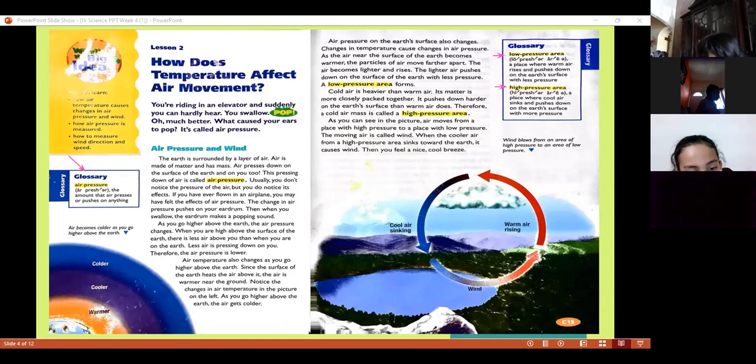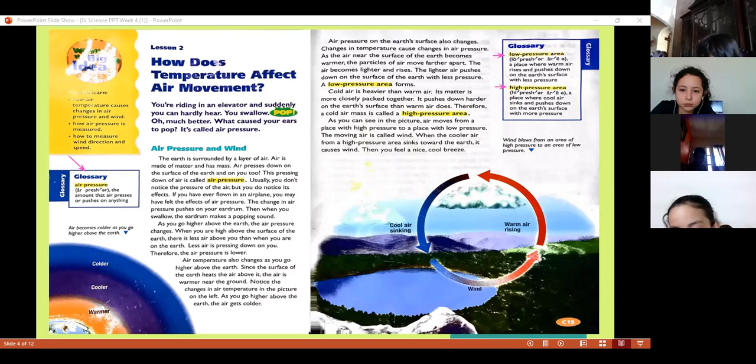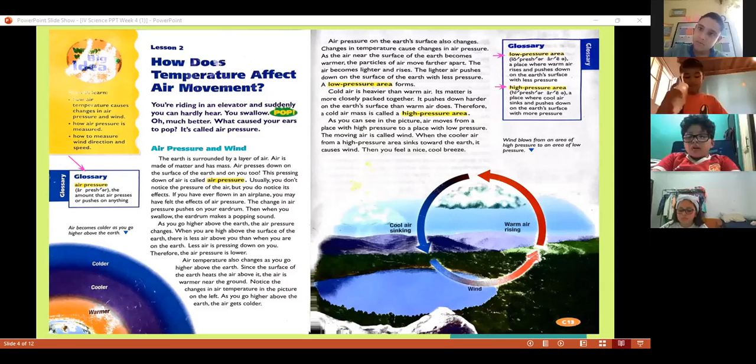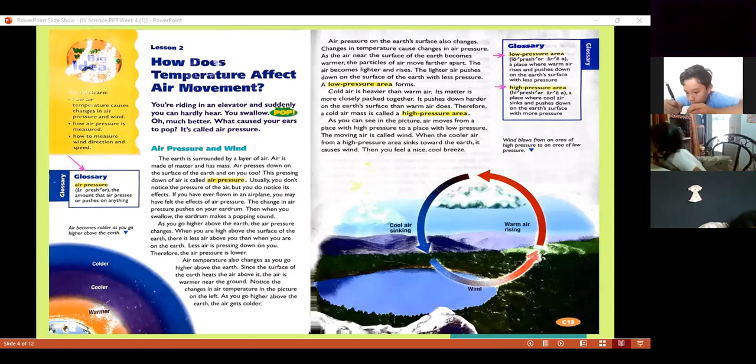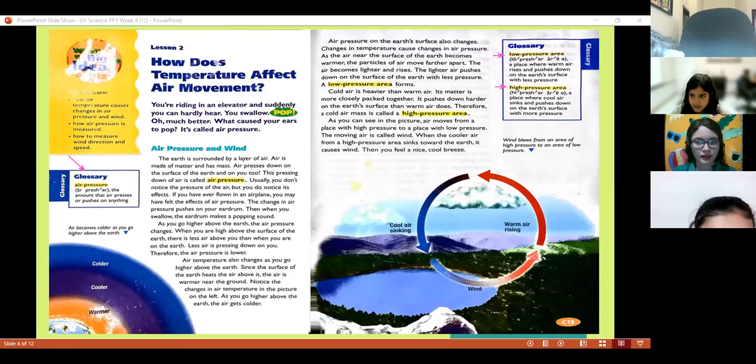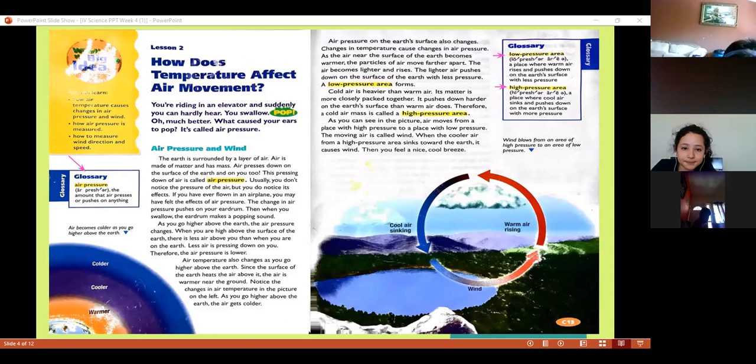Lucia, Mia, present. Rebecca, Rosa, present. Valerie and Sian, present. Okay, thank you. Sian and Anna are not connected today.